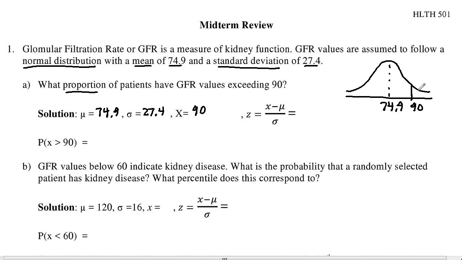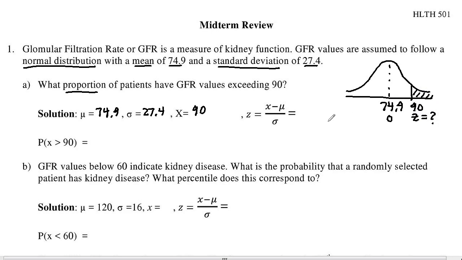And then we can tell from the normal distribution table that's in the back of the book what proportion of the values are above 90, but we first have to find the z-score that goes with 90. So a z-score of 0 corresponds to the mean, or 74.9.